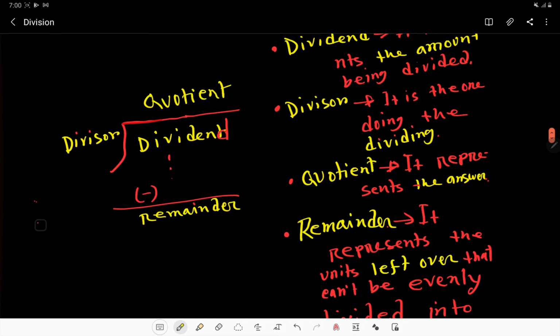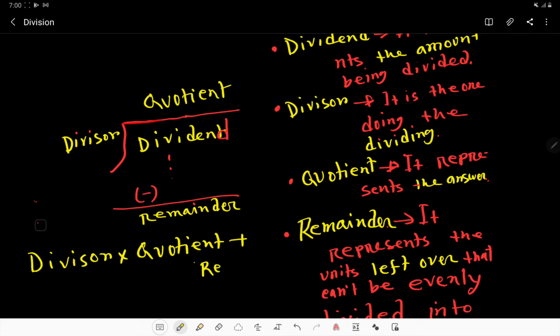So here is a rule: divisor times quotient plus remainder equals dividend, right?